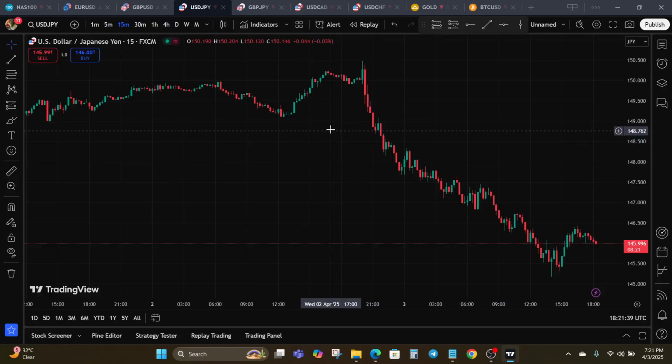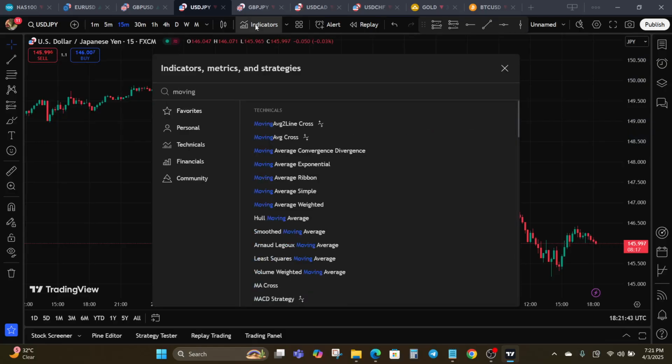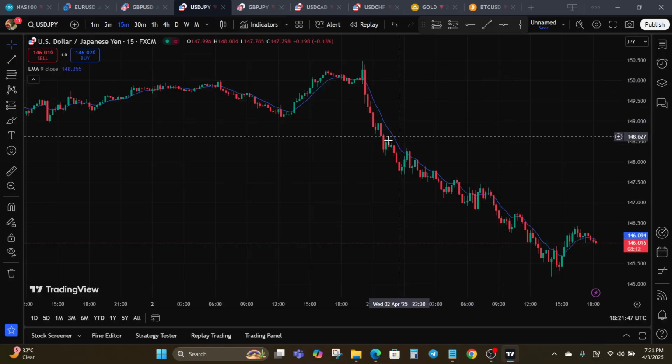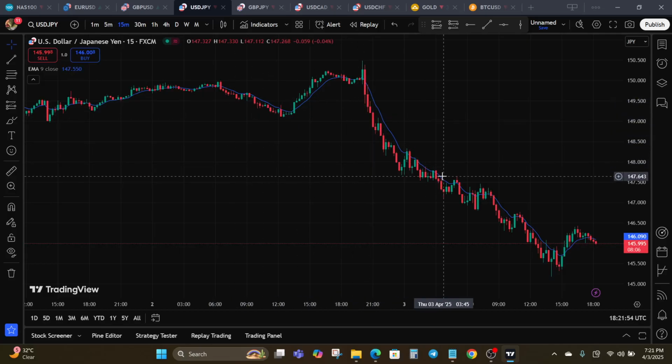The exponential moving average is a trend following indicator that smooths out price action and helps us determine whether the market is trending up or down.